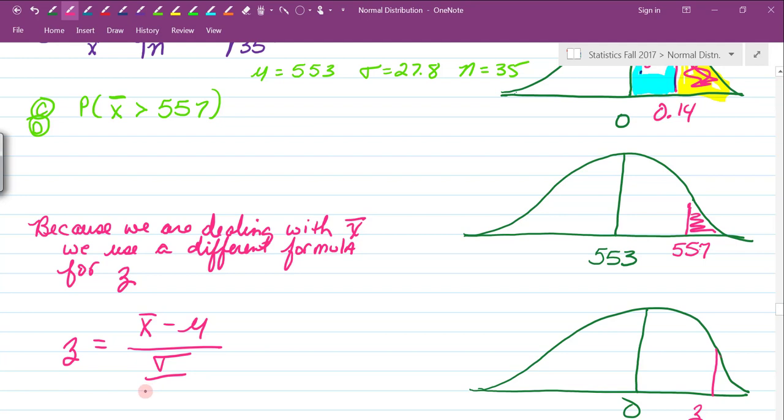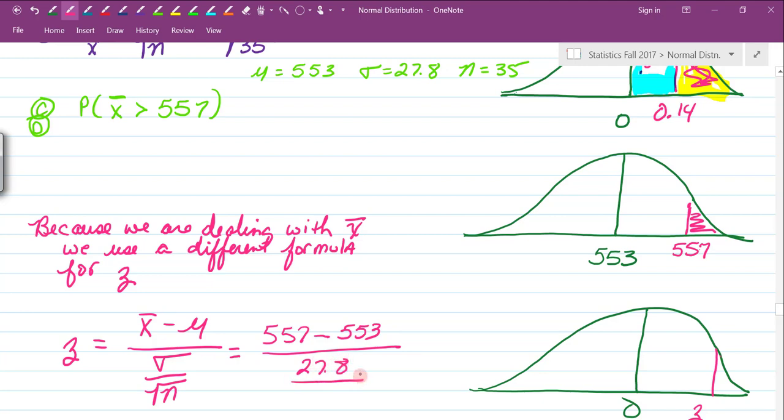So this is going to be equal to X bar, which is 557, minus our mu, which is right here, 553, divided by my standard deviation, 27.8, divided by the square root of my sample size, 35.